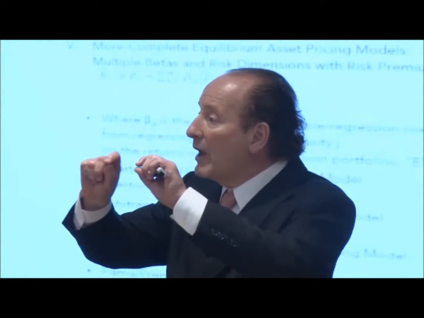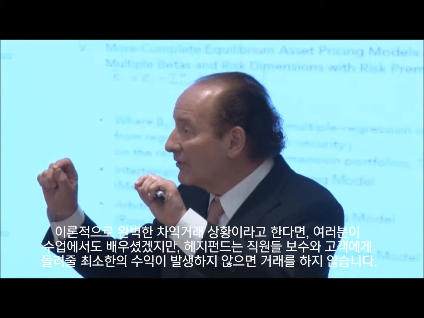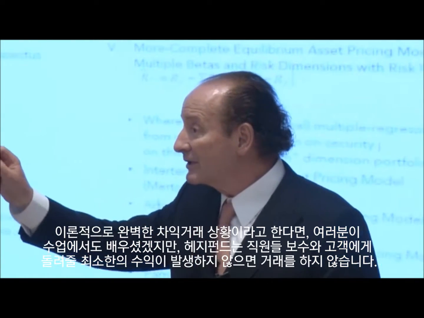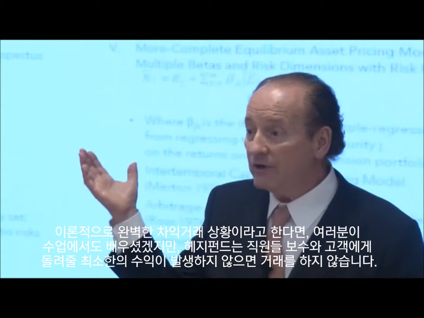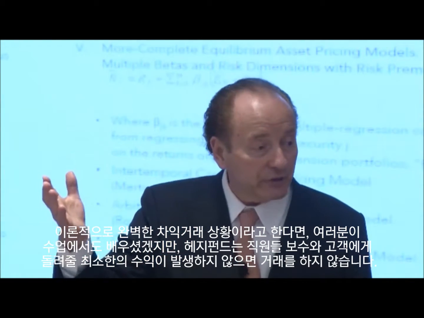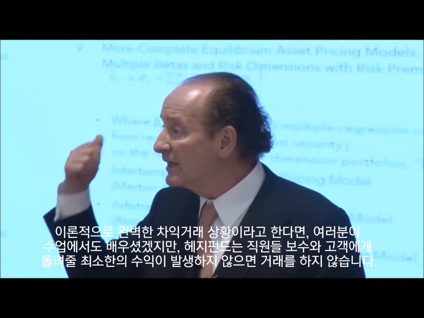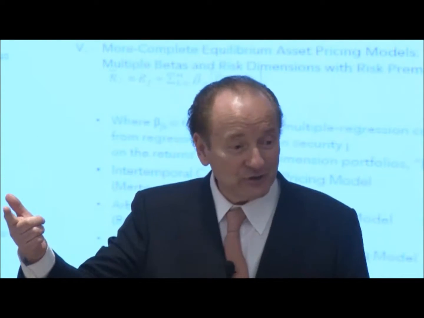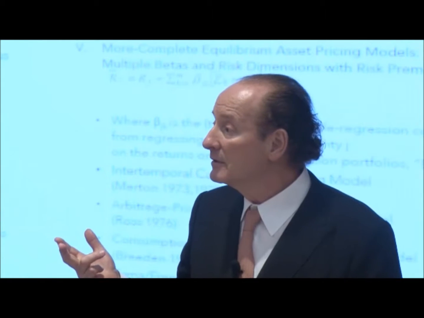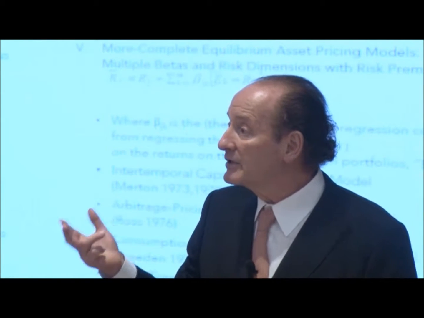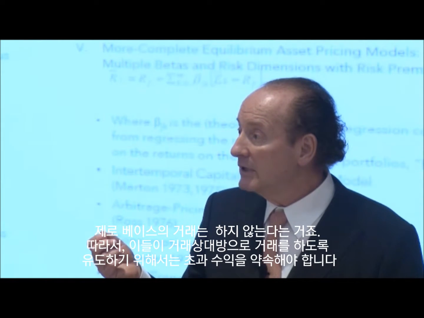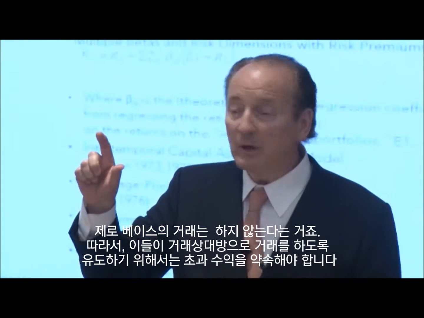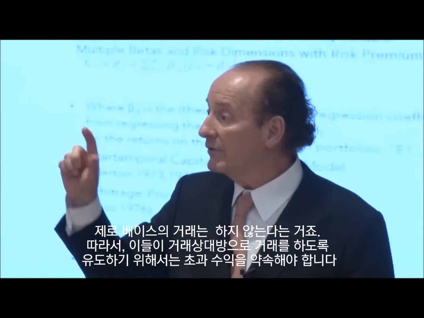If it were a theoretical perfect arbitrage, no window, that's the formulas you learned in class, the hedge fund's not going to do the trade. They're indifferent, but they don't do trades unless they can at least pay their employees and their investors and make a profit. So they're not going to do it at zero. They need some premium, excess return, to induce them to do it.